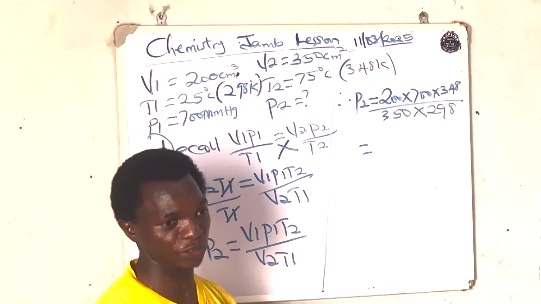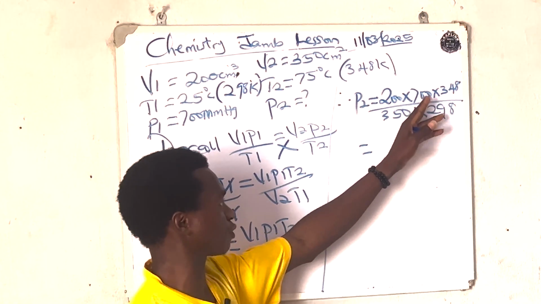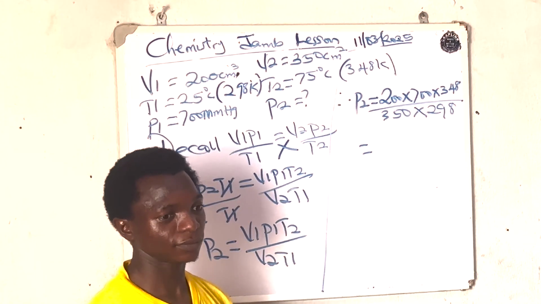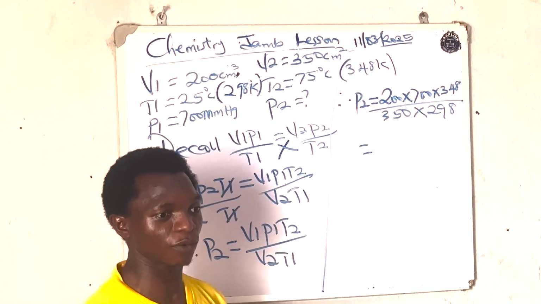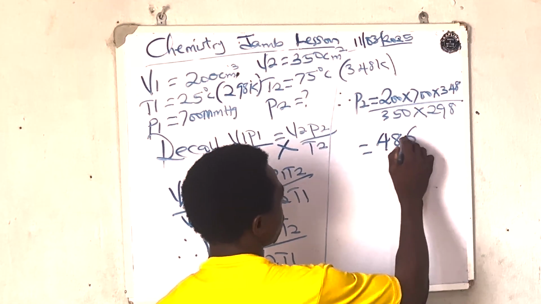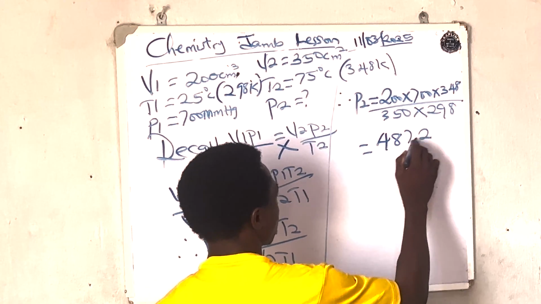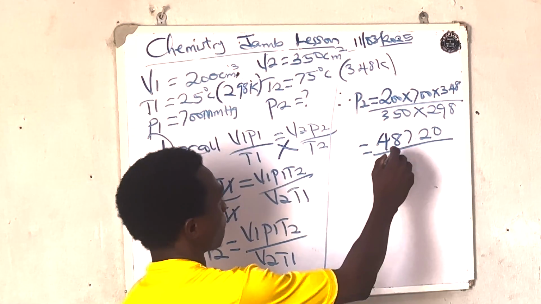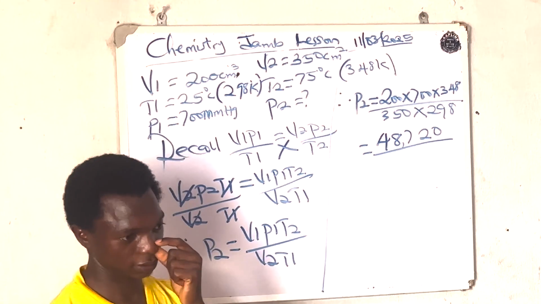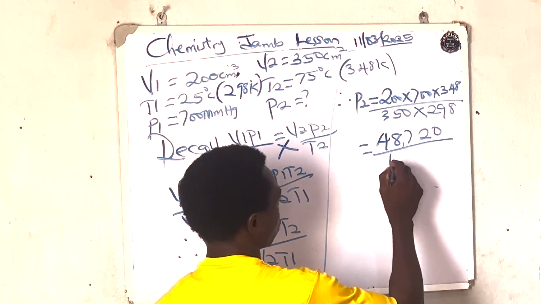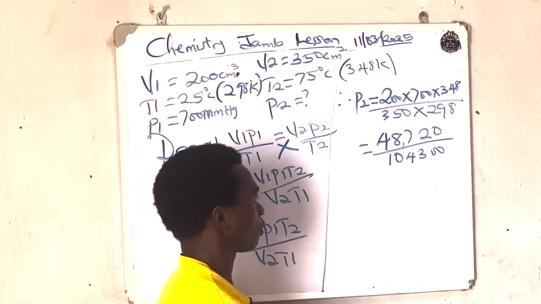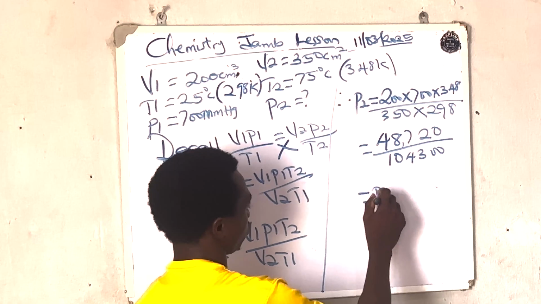That gives you your new pressure. So when you multiply 200 by 700 by 348 all together, you have 48,720,000 all over 350 times 298. Divide this by this. What we have is now your P2.